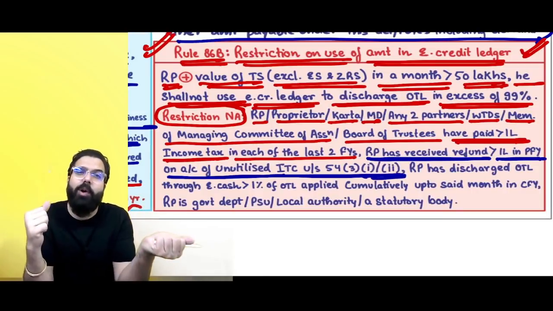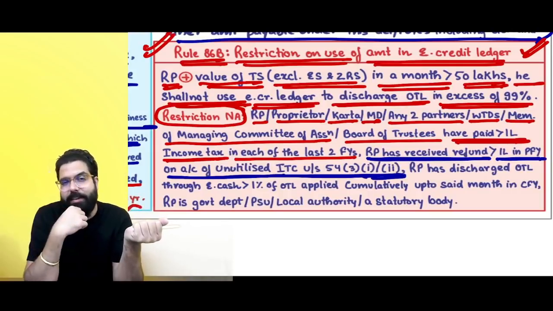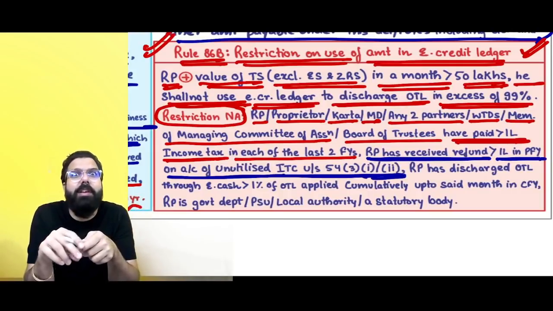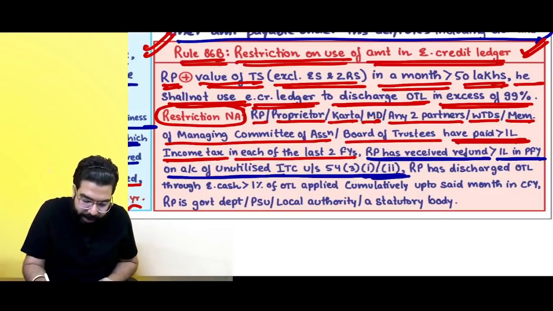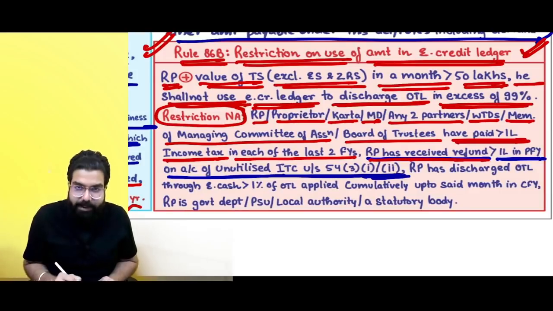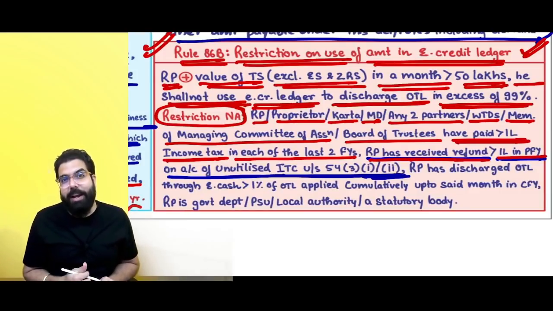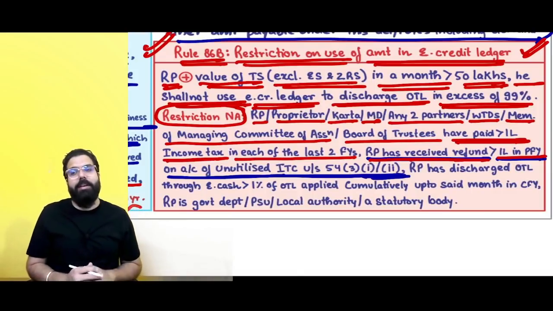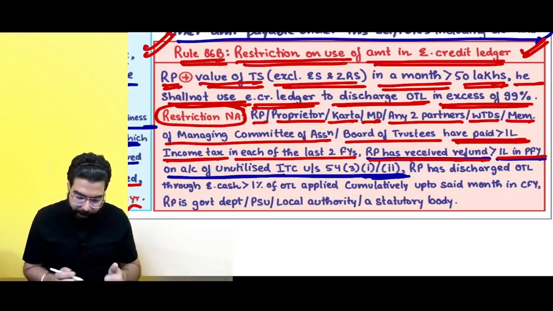Number one, you have done export, LUT or bond is given, unutilized ITC credit you are asking for refund. And number two, inverted duty structure case. Whenever you are asking for refund, they are telling registered person has received refund greater than 1 lakh. If you have received greater than 1 lakh rupees refund, you will tell, sir, I am a trustworthy person. Already I have received a refund greater than 1 lakh rupees. Done, sir. Point is clear.